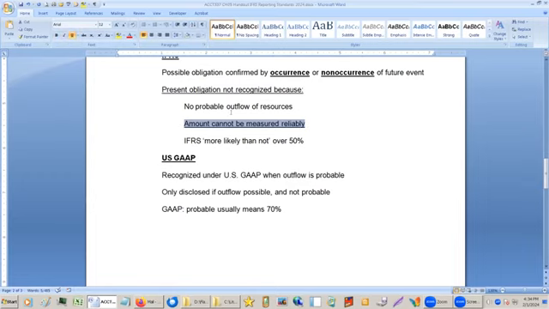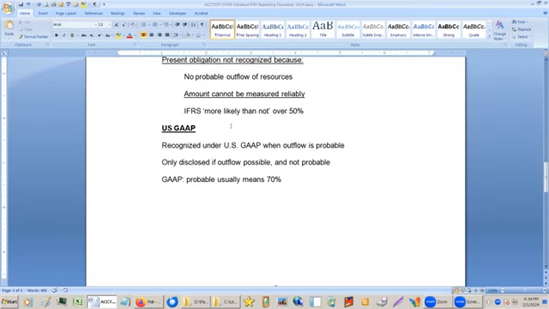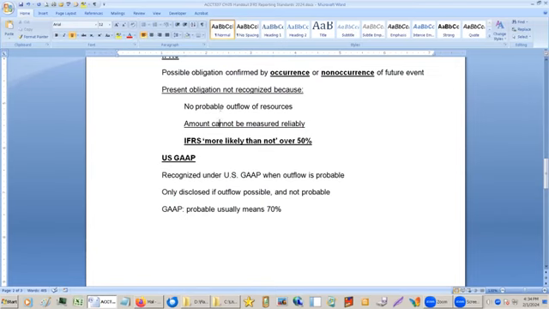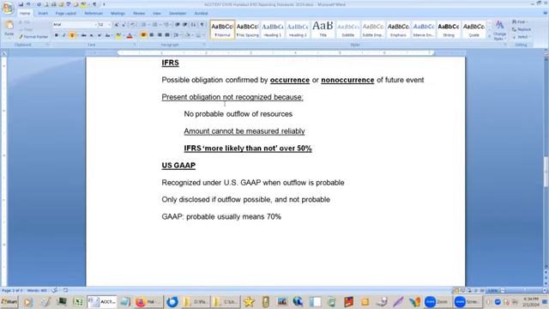So you don't know if it could be millions, it could be zero. You can't do it. IFRS: more likely than not, 50%. So these are generally things you put in the footnotes.